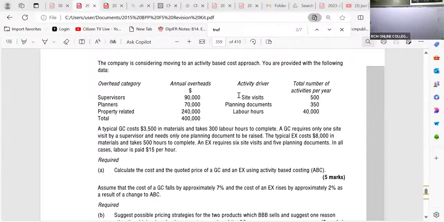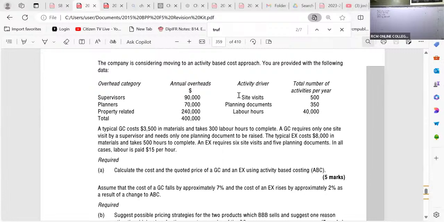So I have activity drivers, what we also call cost drivers. The cost drivers are 3. The first one is site visits. The second one is planning documents.